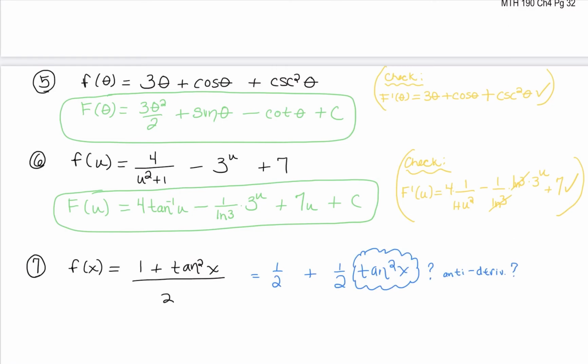So not a bad effort, and we could, at this point, continue with this form, or we can go back to the first original form, and what we really need to focus on is this 1 plus tangent squared, or the tangent squared.